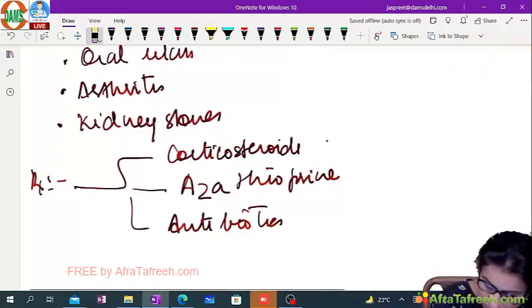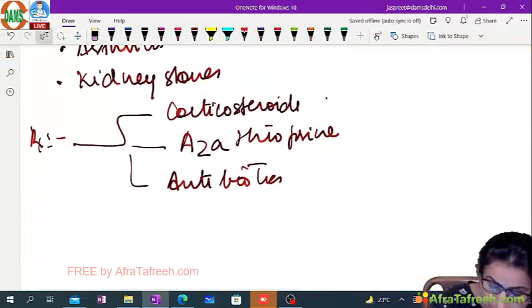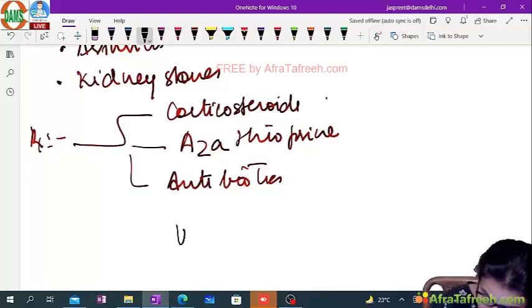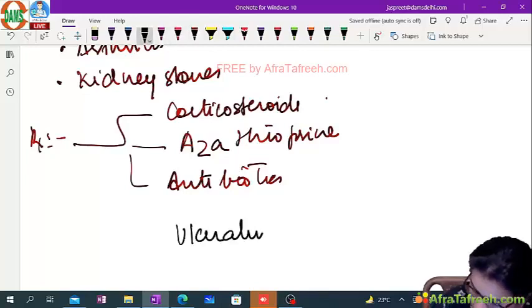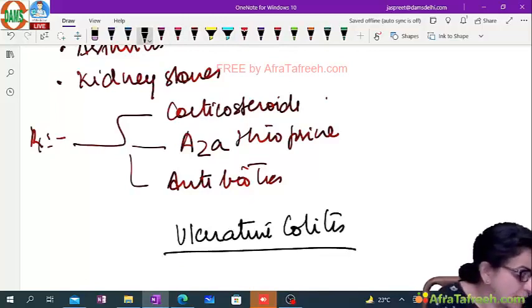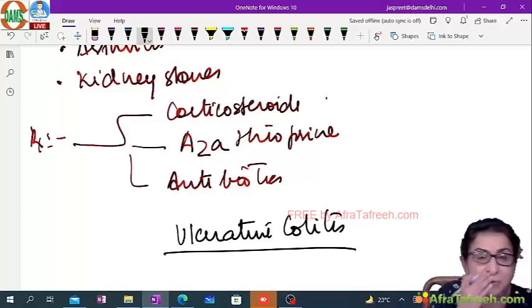Okay, so coming to ulcerative colitis now. Okay, now what is ulcerative colitis? This is also a chronic autoimmune disease.